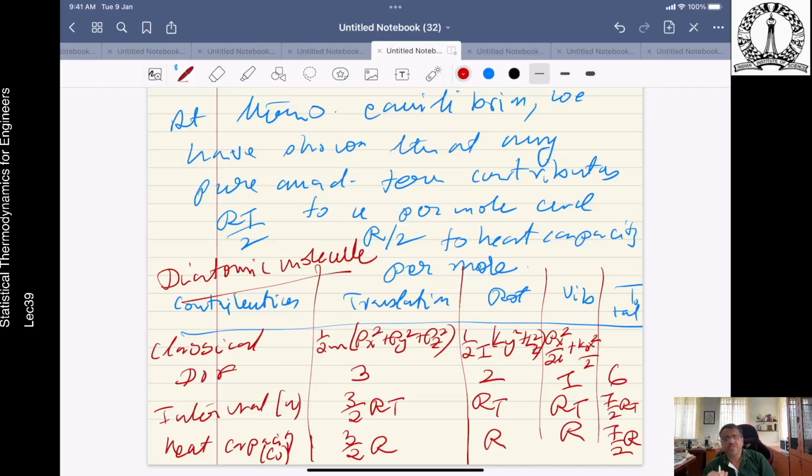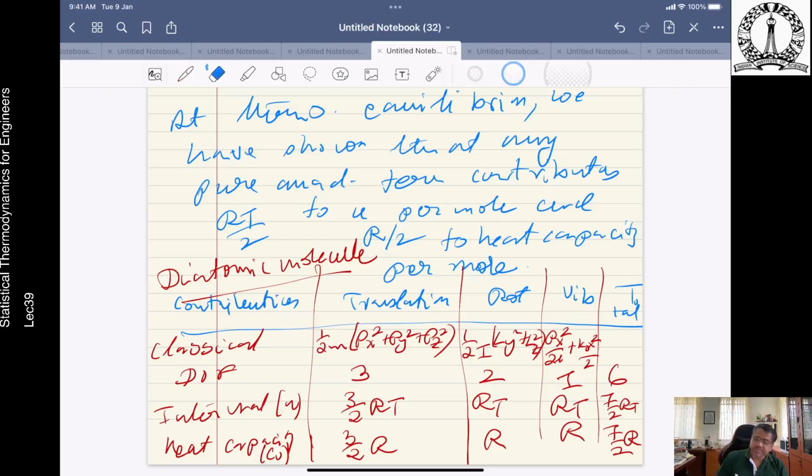Rotation has 2 degrees of freedom corresponding to two pure quadratic momentum terms. In comparison, vibration possesses a single degree of freedom, but 2 independent quadratic terms, one based on momentum and the other based on position. The additional quadratic term for vibration arises from its potential energy, which is missing from the translational and rotational modes.